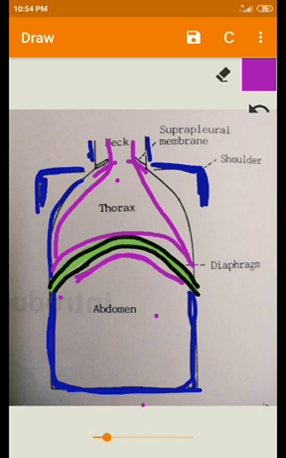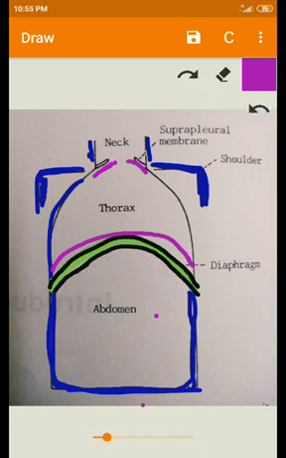The narrow upper end is continuous with the root of the neck, and it is separated by a fascia called Simpson's fascia, also called the suprapleural membrane. The broad lower end is almost completely separated from the abdomen by the diaphragm, which is deeply concave downwards.